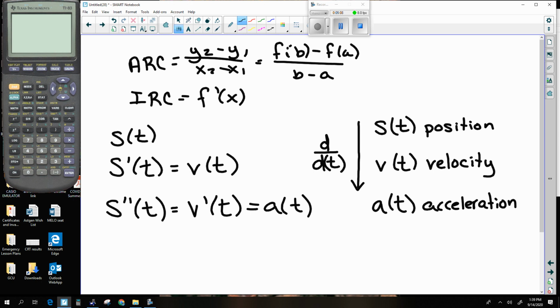So derivatives go down in that order. Because what is velocity? It's change in position over change in time, so it is the slope of it. That is in a nutshell what this unit is going to be about.